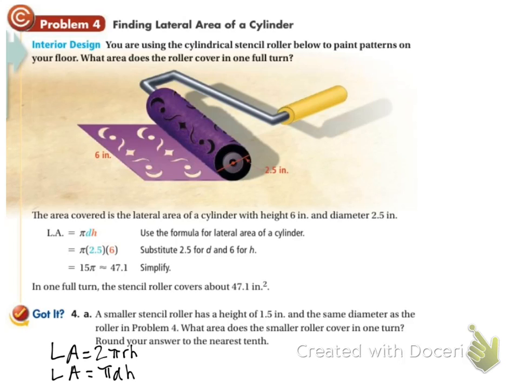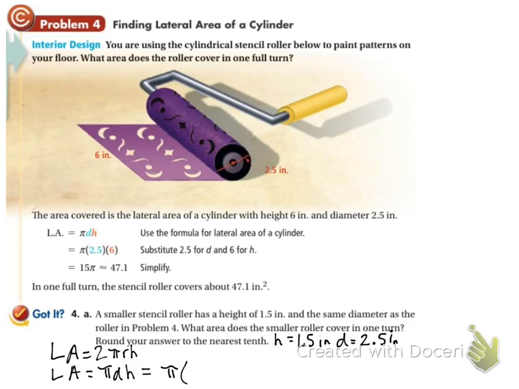So we're using a smaller one than the one that's pictured and that they did the problem for. And it says we have a height of 1.5 inches. It says we have the same diameter, which was 2.5 inches. So your choice of which one you want to plug into. I'm just going to plug into the bottom one.